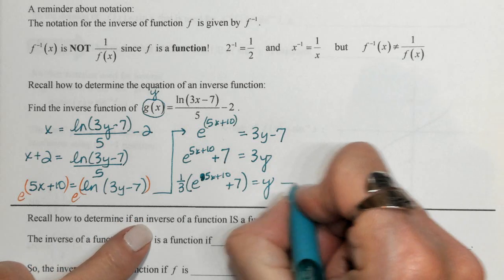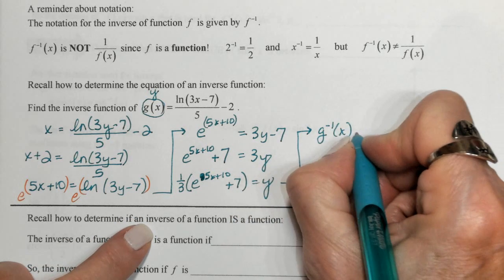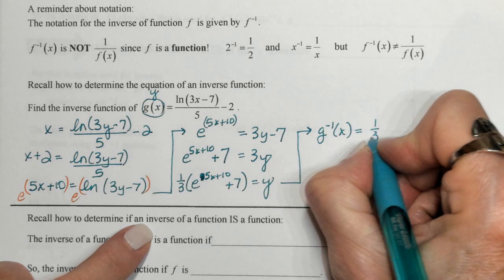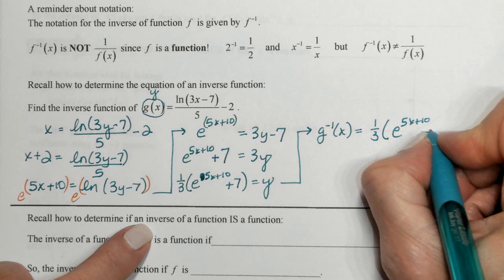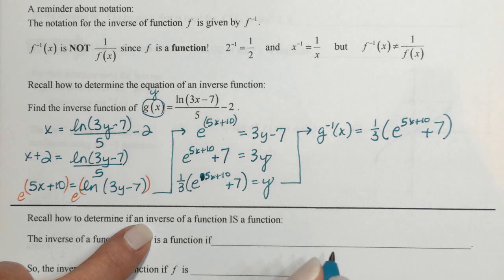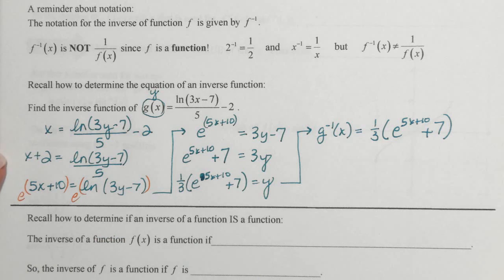So we have found our inverse function for g. Inverse g is a third of e to the 5x plus 10, all plus 7. So that's the process for finding an inverse function, and that is exactly what we will do to find the inverse functions of any trig function.